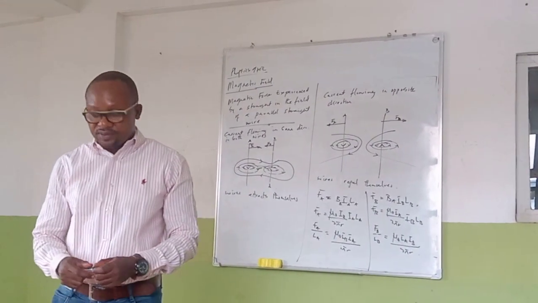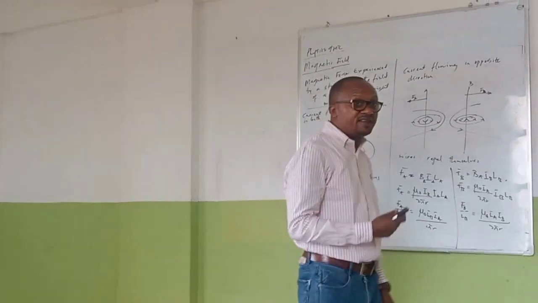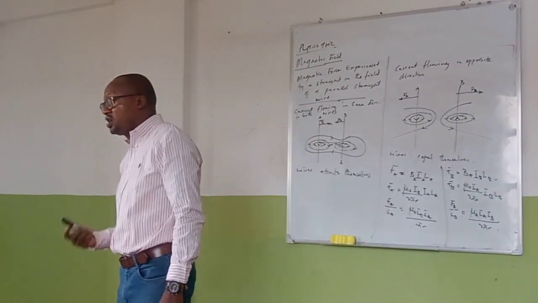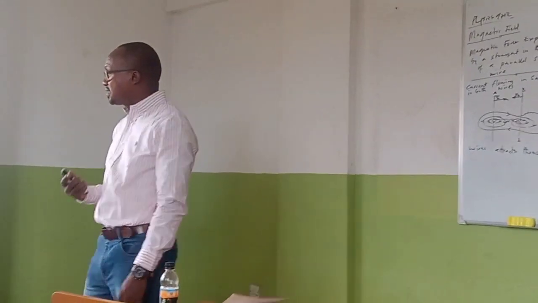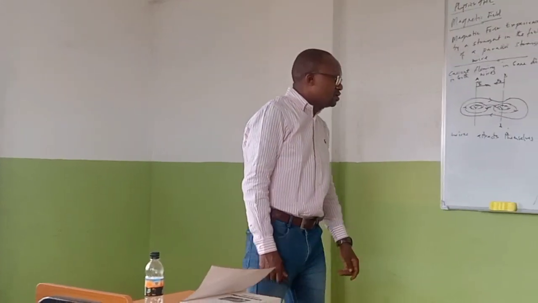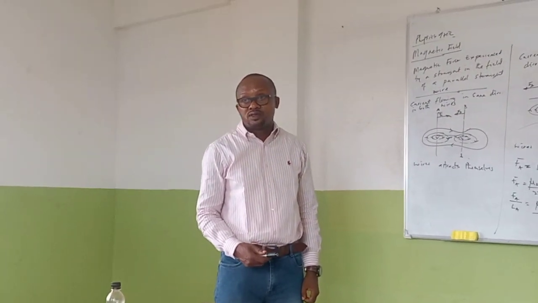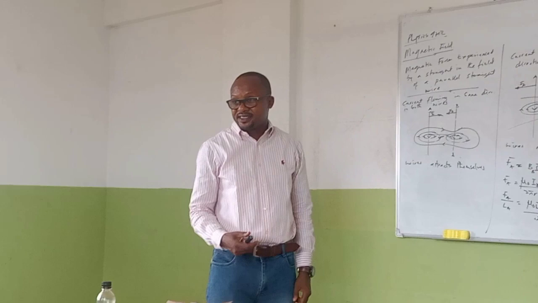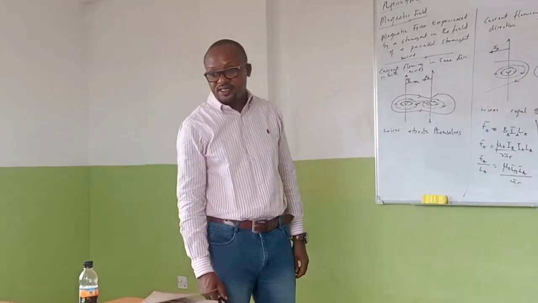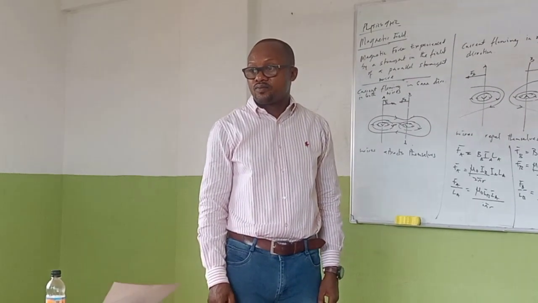So you can write that the magnetic force per unit length on both wires is the same, because it is proportional to the product of the currents in the two wires.